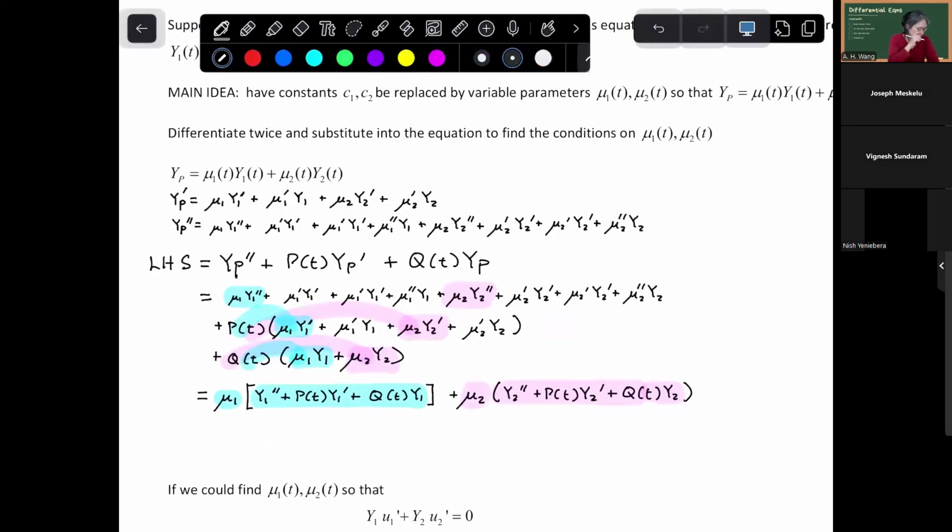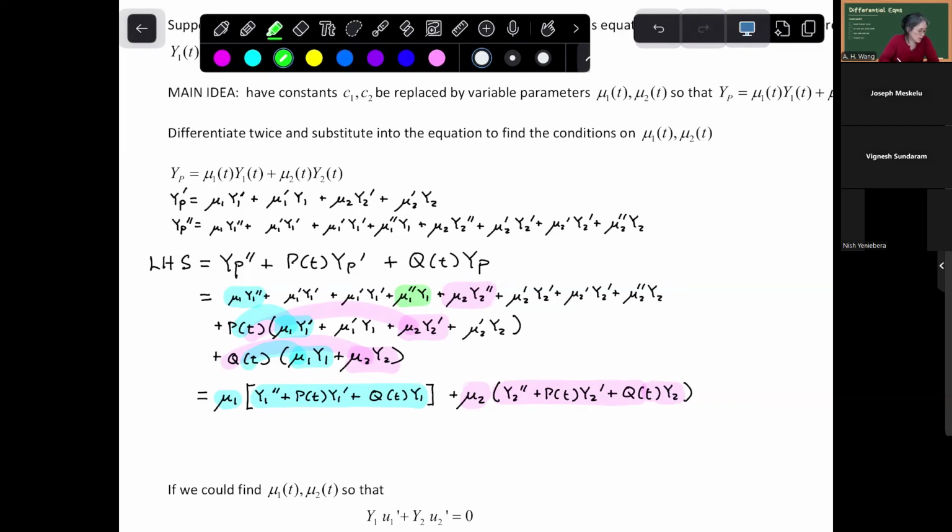And then let's go ahead and look at the double primes. Let's look at this one, double prime.